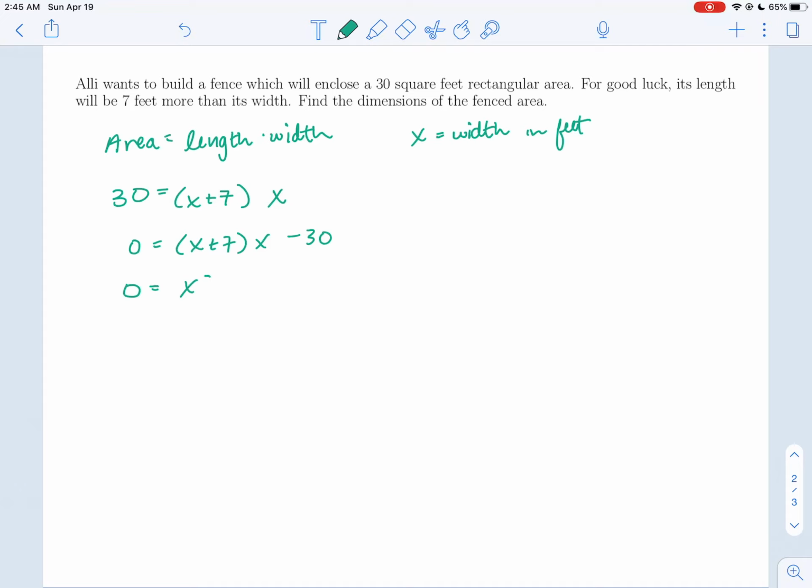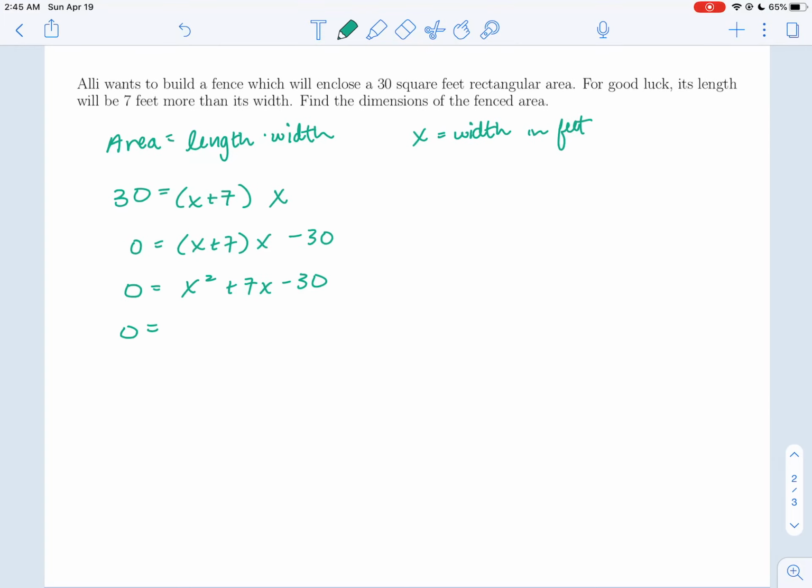So in order to factor this one, I'm going to multiply out that first bit. So I'm going to get x squared plus 7x minus 30. And that allows me to see that this is a trinomial, like I've used 100 times before, right? So just trinomial, use that AC method to do that factoring. So here I'm looking for terms that multiply to negative 30 and add to 7, right?